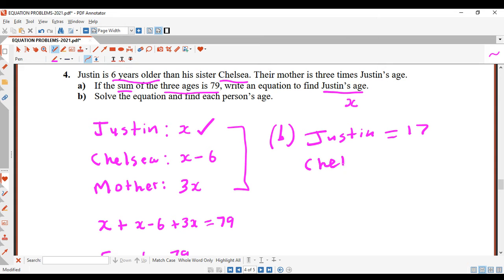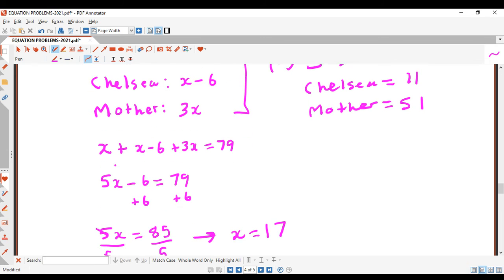Chelsea will be 6 years younger than that, 11. And the mother is 3 times Justin's age, so it's going to be 51. Okay, so there's question 4. Make sure all that is written down.